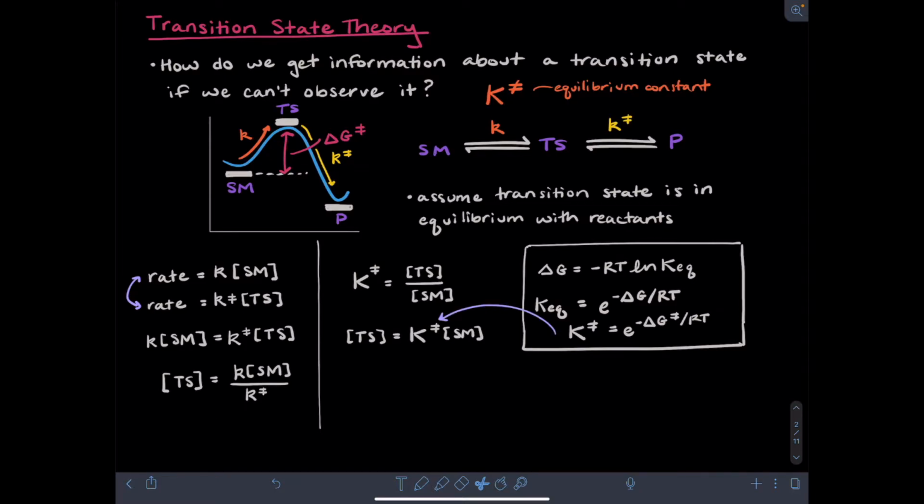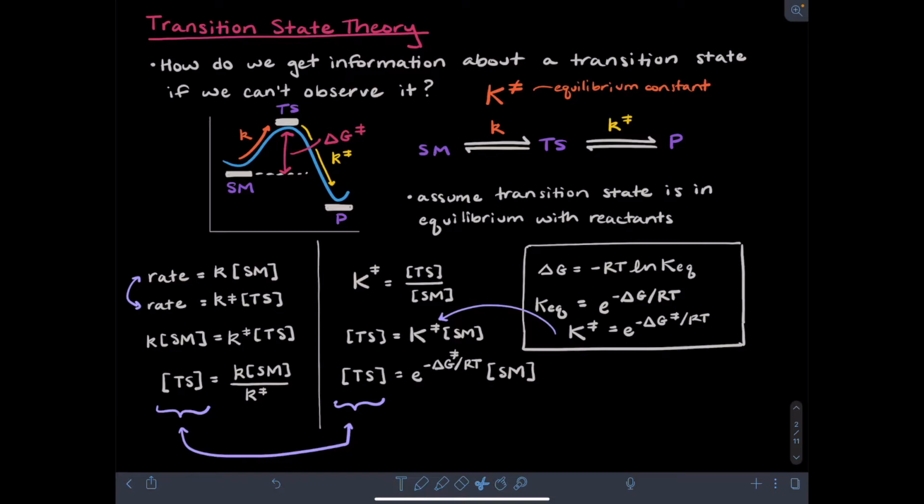I'm going to take this equation and plug it in for the big K double dagger from before. This would give me concentration of transition state as being equal to e to the negative delta G double dagger divided by RT, that whole term multiplied by the concentration of starting material.